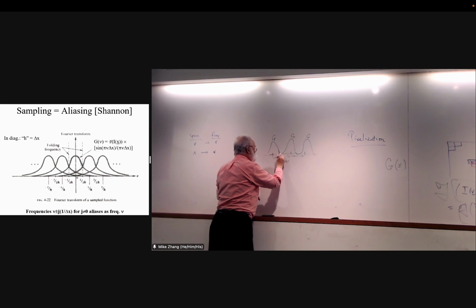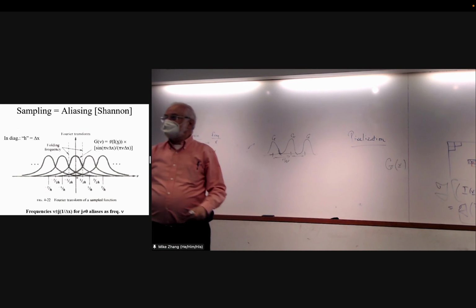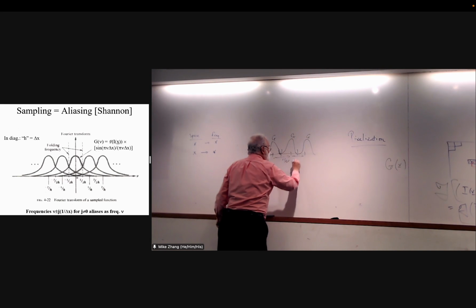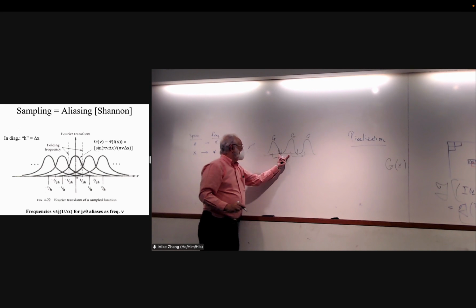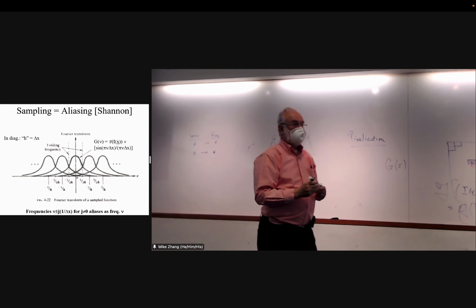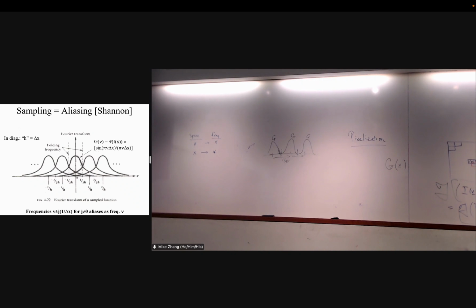And you want this guy to not pollute that guy, right? Because then when I just add everything up, here's my interval from minus 1/2 to plus 1/2, 1 over delta x. And that interval in there will have everything about the Fourier transform of the original kernel, G.